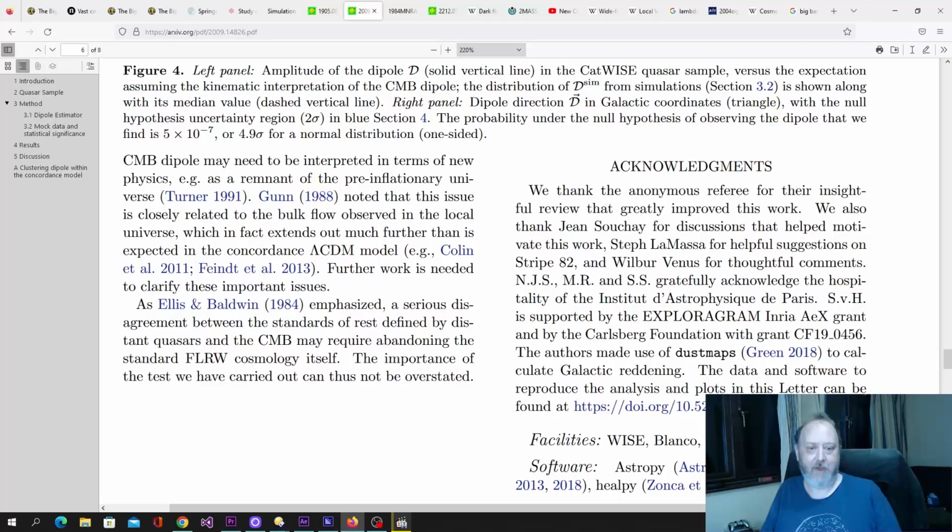Gordon noted that this issue is closely related to the bulk flow observed in the local universe, which in fact extends out much further than is expected in accordance with the lambda CDM model.